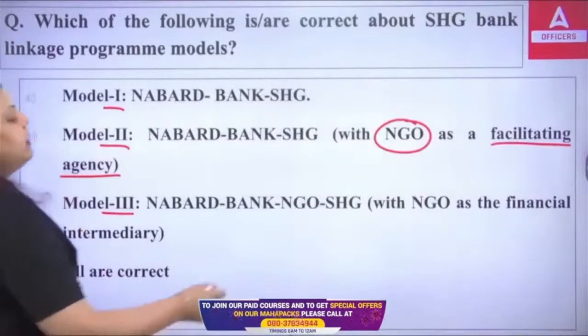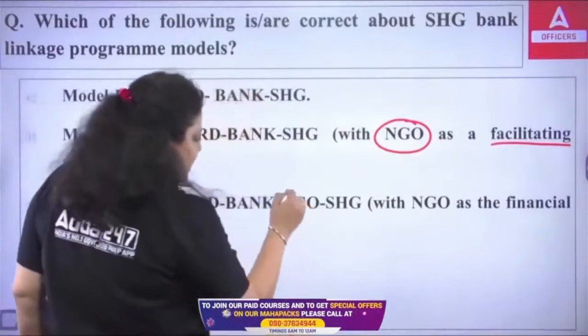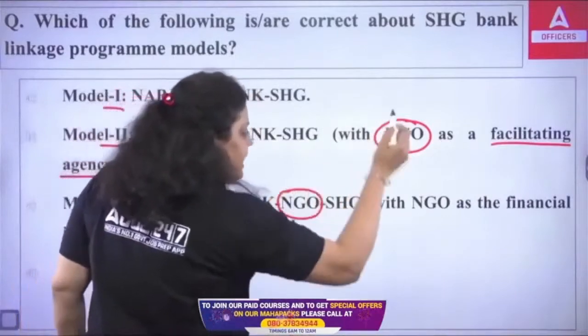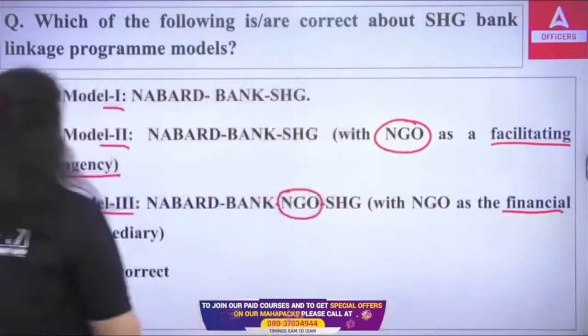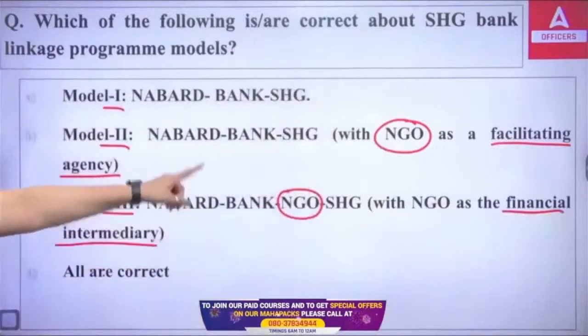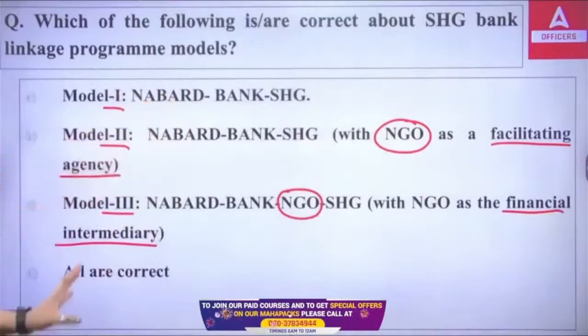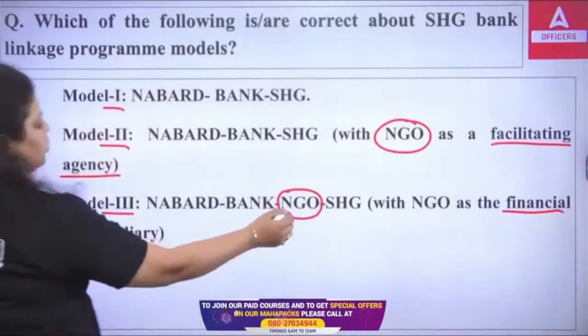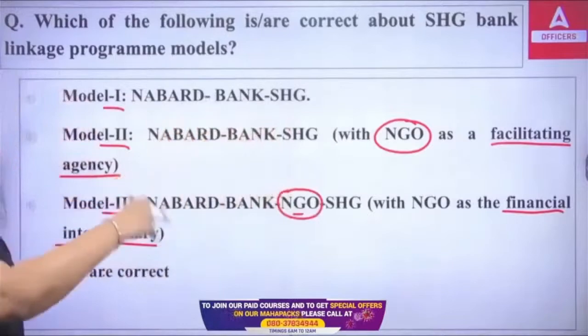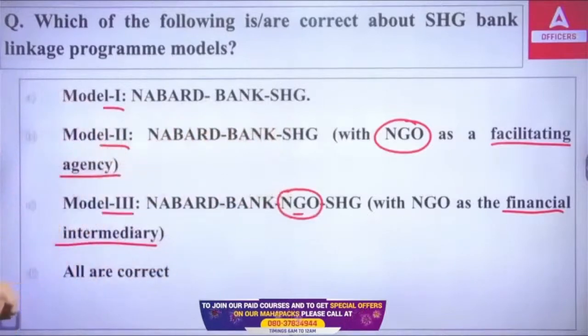Model 3 says NABARD, bank, NGO, self-help group will be there. Here the NGO will be involved as what? As the financial intermediary. So here NGO is not only a facilitating agency, it is working as a financial intermediary. So what do you think, which of the following is correct?